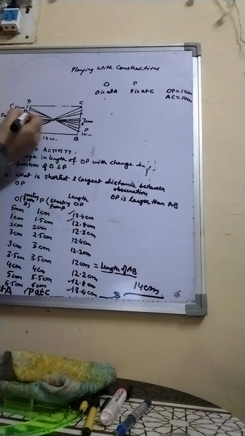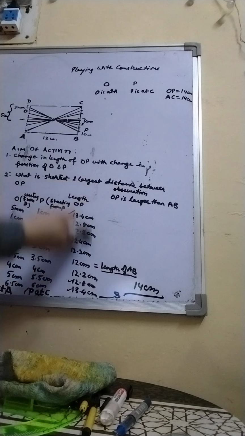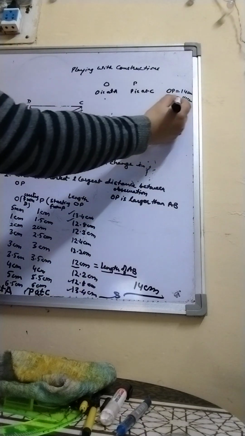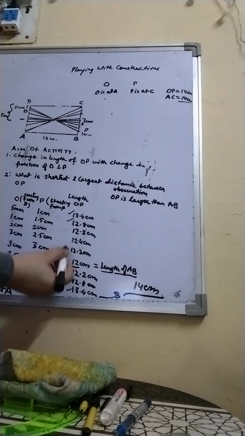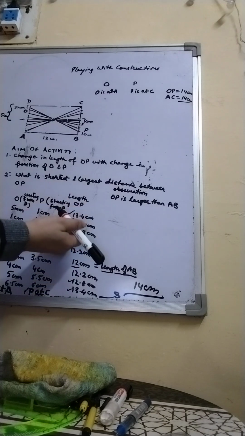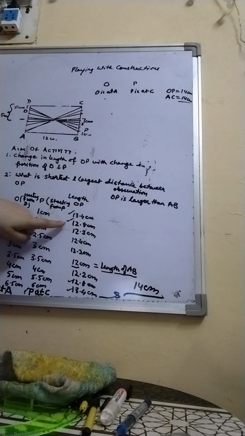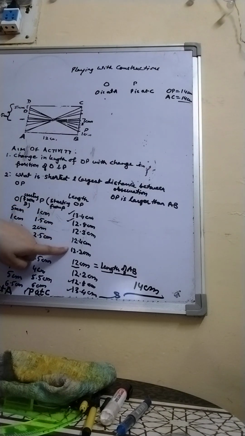Now in between you get the in between readings. Between 12 and 14 you get the in between readings. First the reading decreases, as you move O away from D, the reading decreases.